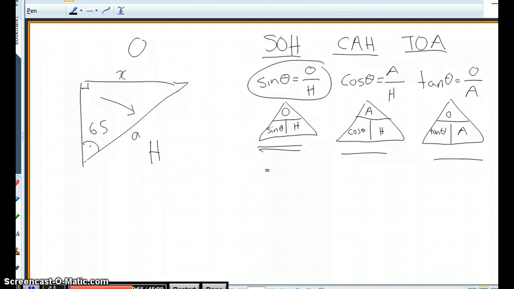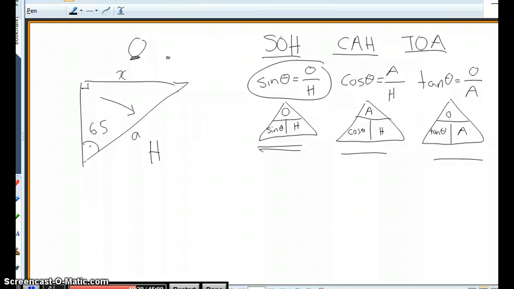Set up a trigonometric equation connecting the angle and the sides given. So we're looking for O, because that's the x, right? Are you with me? I'm on page 228. We're looking for the opposite. So just explaining how these triangles work, what you do if you're looking for the O, and we are, you cover up the one that you're looking for with your hand, right?